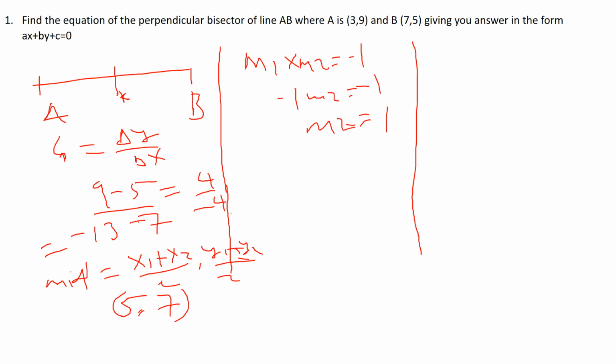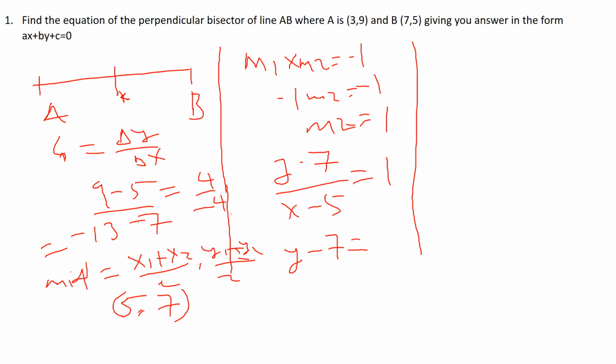Our gradient 2 is equal to 1. So in this case, we can just say that our change in y, which is y minus 7, divided by x minus 5 is equal to 1.